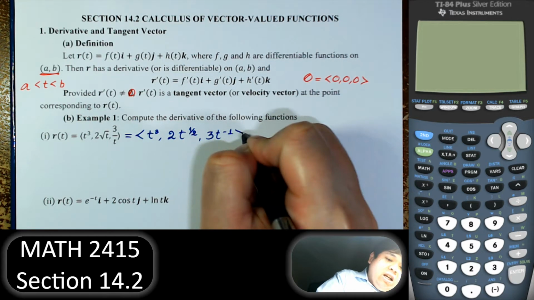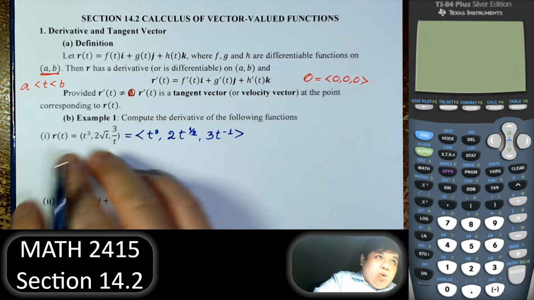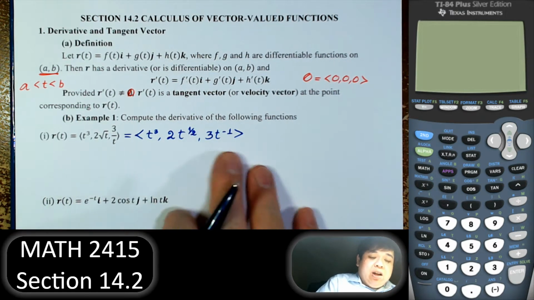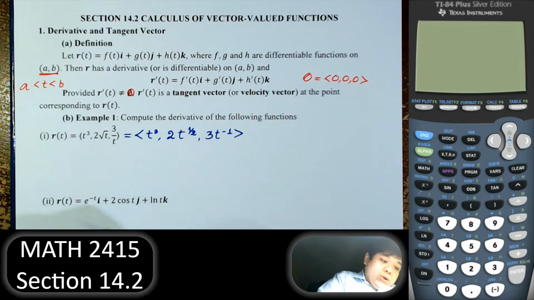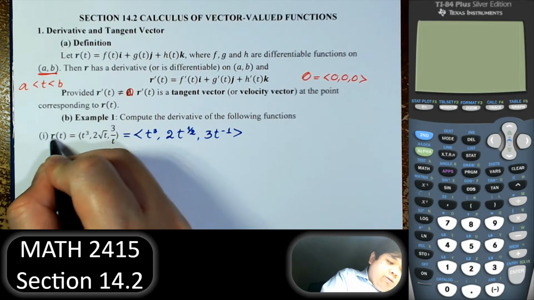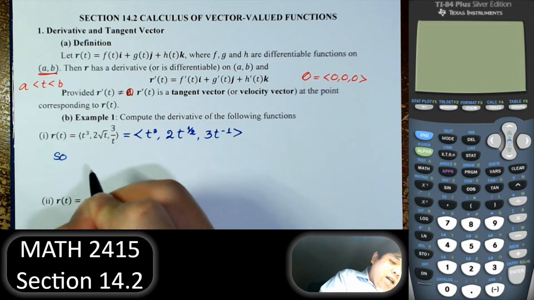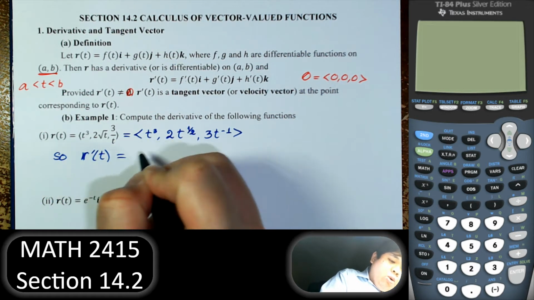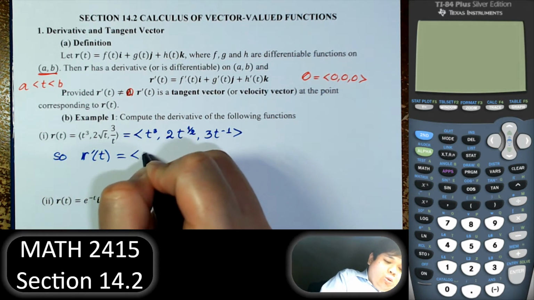We haven't done any derivative yet. We just rewrite everything as a power of t. Then we use the power rule. The derivative of t cubed is 3t squared.